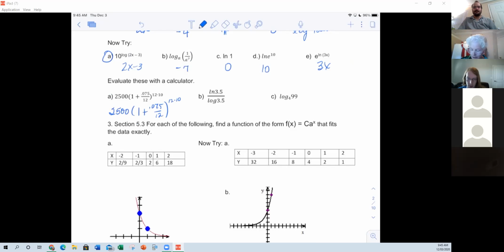And make sure that you're getting the same thing I am getting on these. Do not wait till the last minute to realize you don't know how to use your calculator. A calculator is only as smart as the person navigating it.